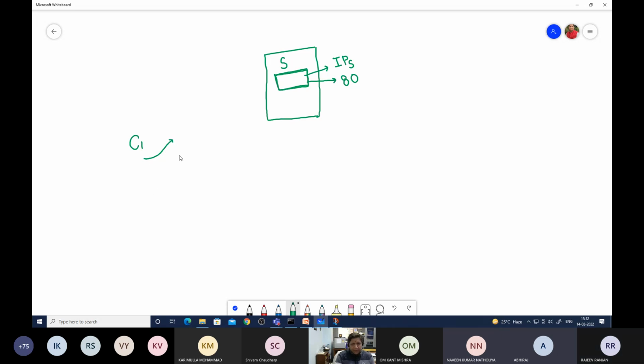So client 1 will make a request with the source port, say the port of C1, any source port, destination port 80, source IP is IP C1, and destination IP would be the IP of the server.